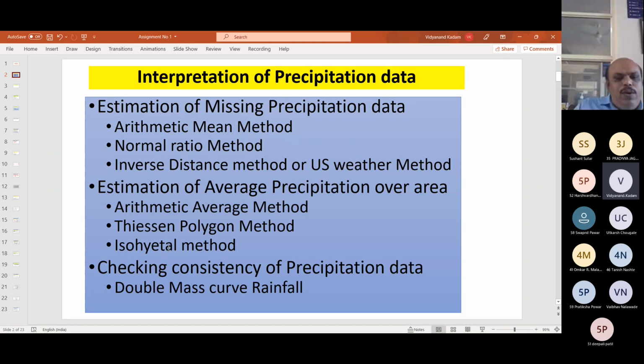And if possible, I will also cover the second assignment, that is the consistency of precipitation data. So for the next practical, please be ready with graph paper, as we have to draw a graph for the second assignment for checking consistency of precipitation data. For that, we have to prepare a double mass curve of rainfall. So be ready with the graph paper for the next practical. Okay, so today let us stop here. Thank you very much.